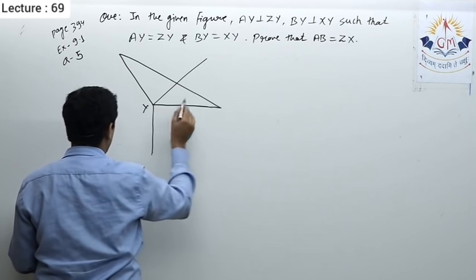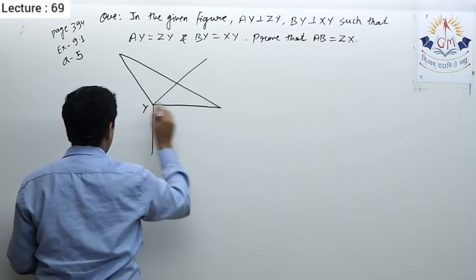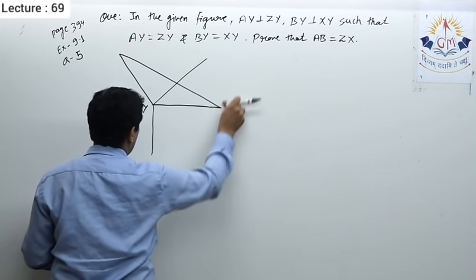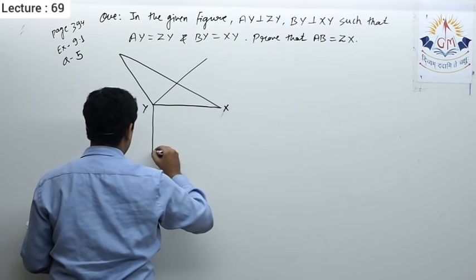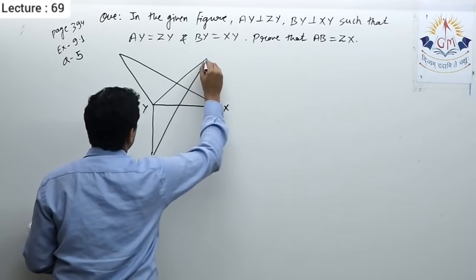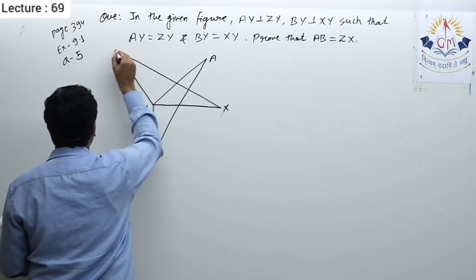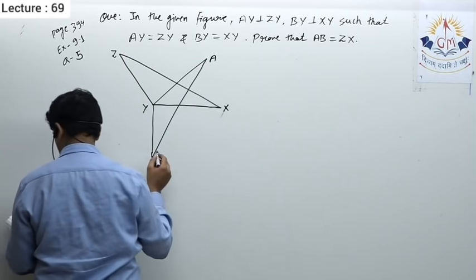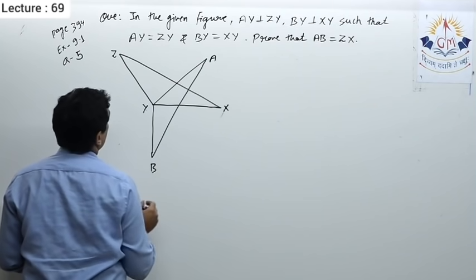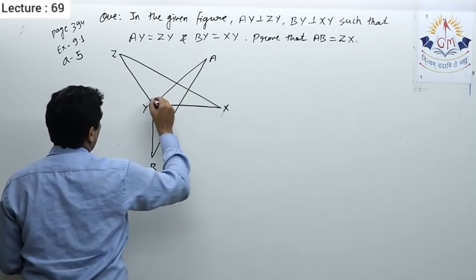This point is Y, this point is X, this point is A, this point is Z, and this point is B. It is given AY is perpendicular to ZY, this is 90 degrees.